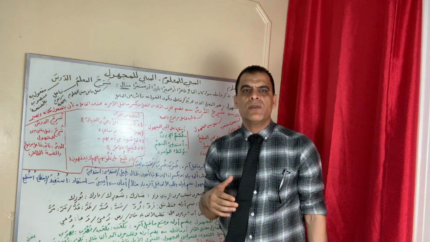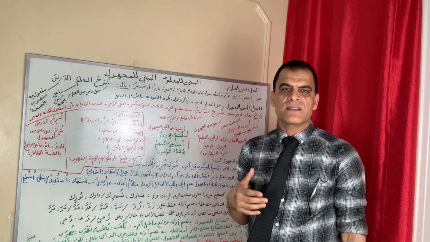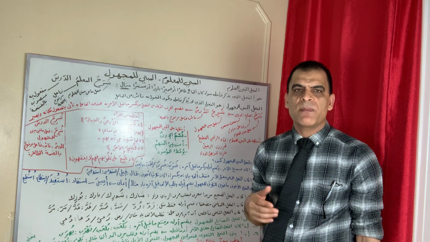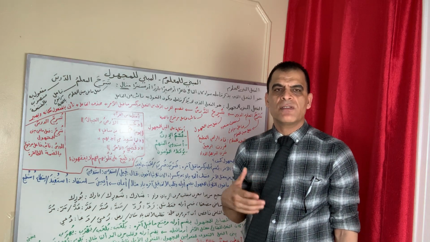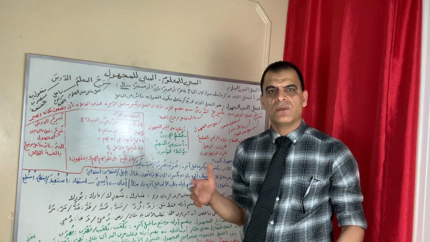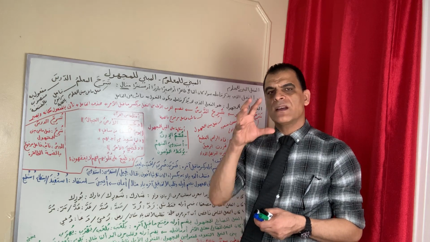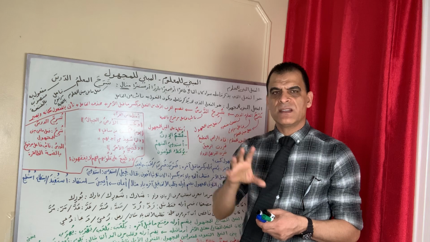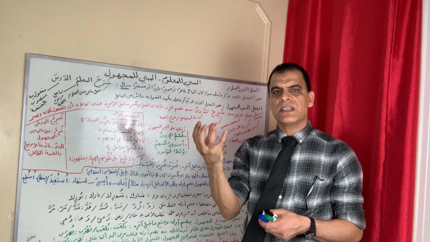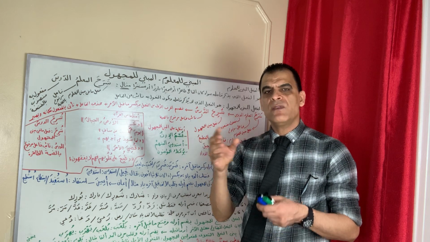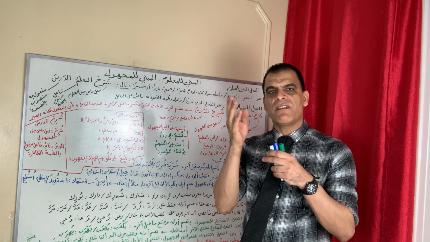Now we talk about the second sentence, which is called the passive sentence. We do something to switch the sentence from active to passive. Number one, we take the subject off from the sentence and the object takes the place of the subject, and we change the vowel.